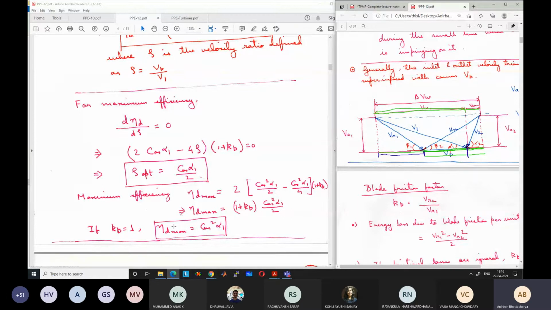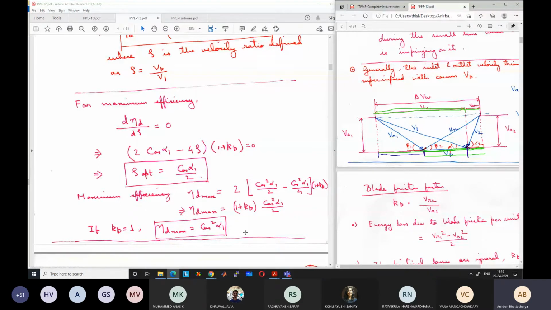Now for the axial direction, if you remember, initially I had asked and someone had correctly answered that if there are no frictional losses, the axial change in velocity will be 0. VA1 minus VA2 will be 0.